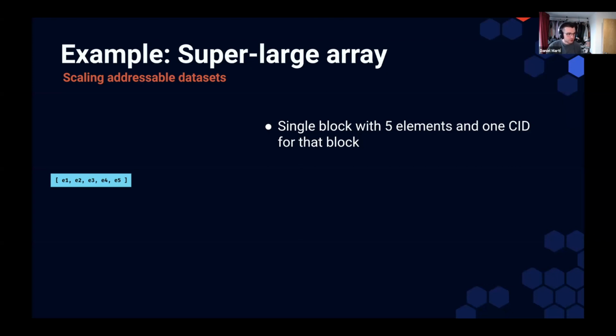The elements could be strings, could be ints. It doesn't really matter. We're just calling them elements here. So we start with just 1 block and 5 elements. That single block is a chunk of data, so we can make a CID to it. We can choose whatever hash algorithm we want, and whatever encoding we want, like DAG-JSON.